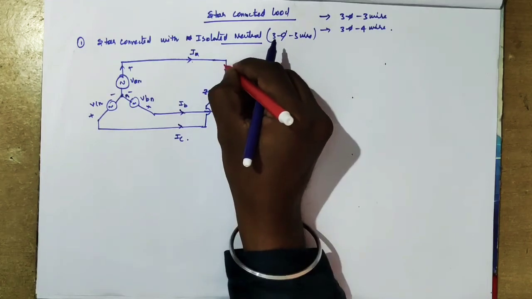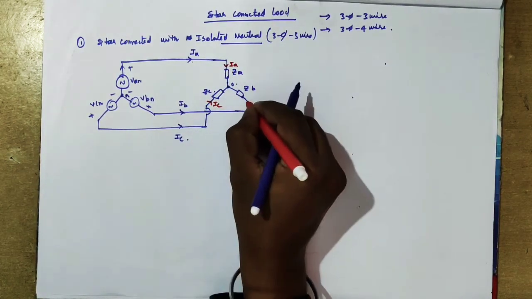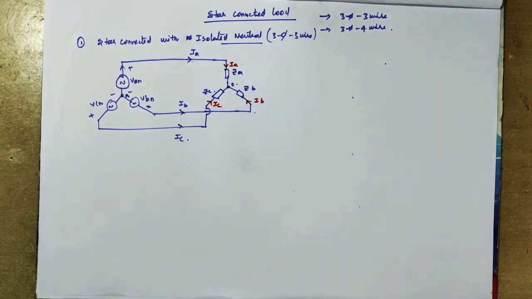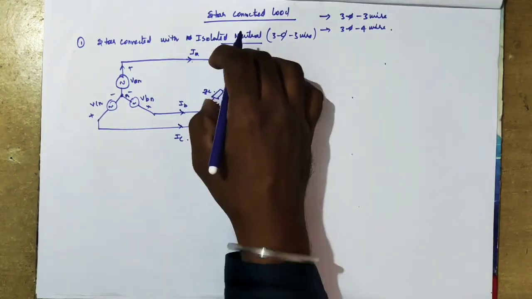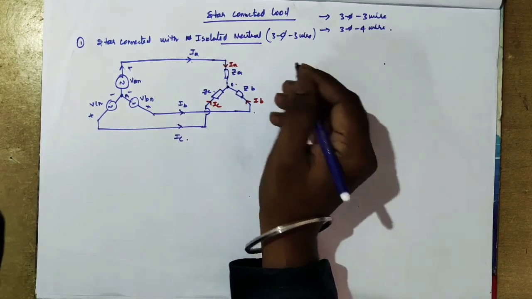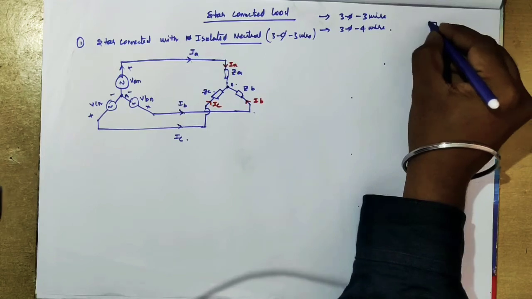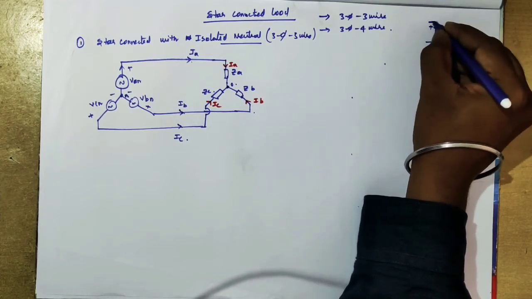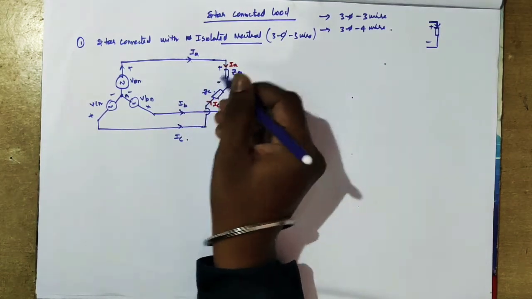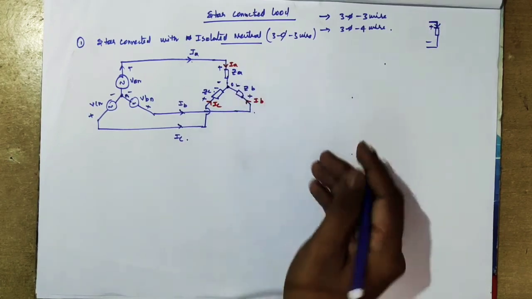IA is entering like this, IC is entering like this, and IB is entering like this. Then, the terminals across this load: load means the positive terminal, current should enter the positive terminal. So here we'll have positive and negative, here positive and negative, and here positive and negative.